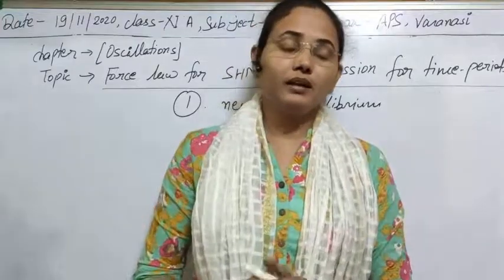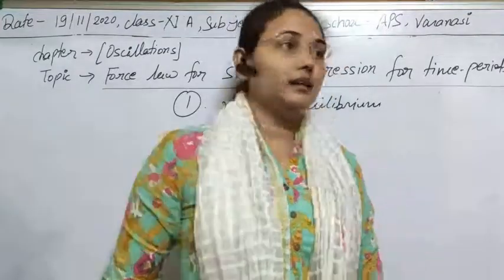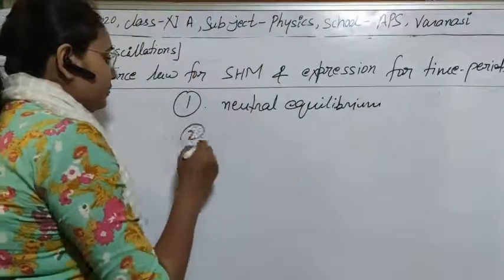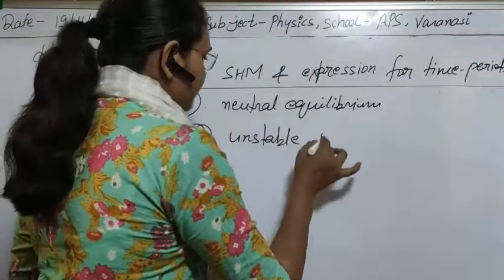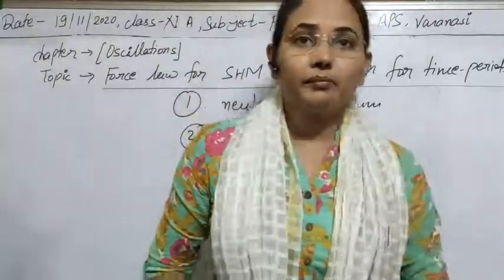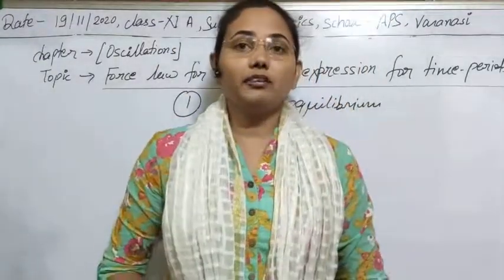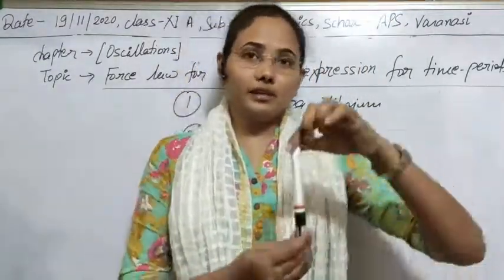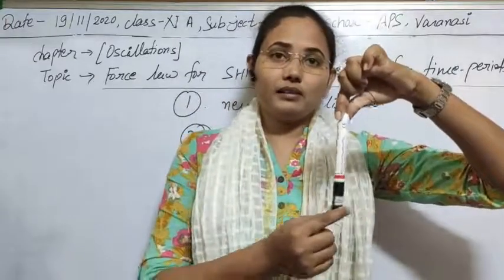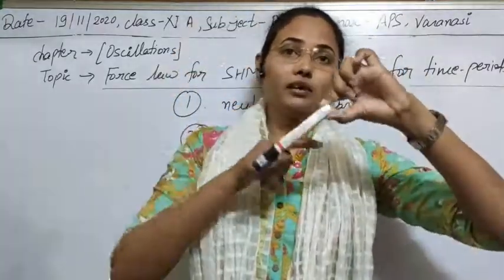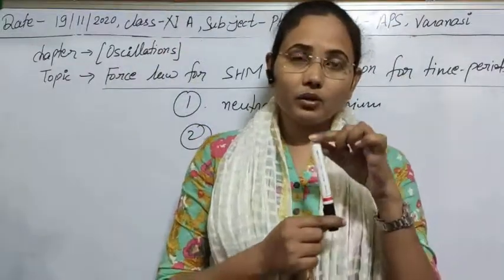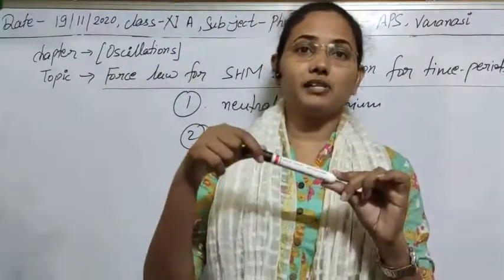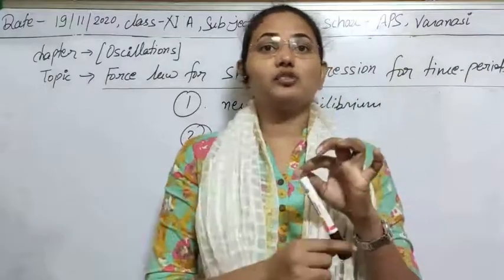Clear? The second case is the case of unstable equilibrium. In unstable equilibrium, if we displace this body, it will go out in the direction of displacement and never return to its original position.